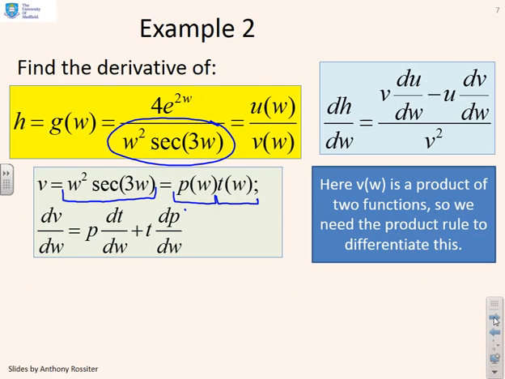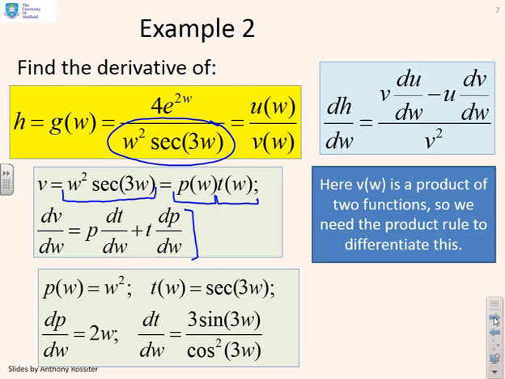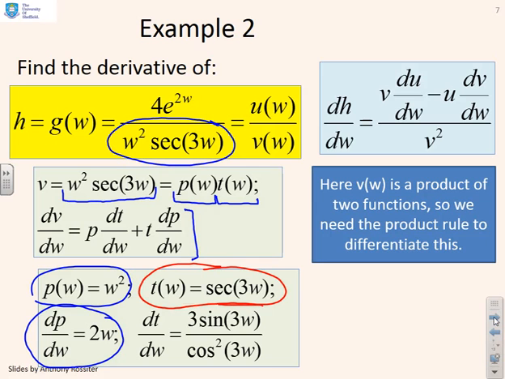And then I can use the product rule, so dv/dw equals p dt/dw plus t dp/dw. So p is w squared, there it is, and therefore dp/dw is going to be 2w. t is sec 3w, so dt/dw is 3 sin 3w over cos squared 3w.